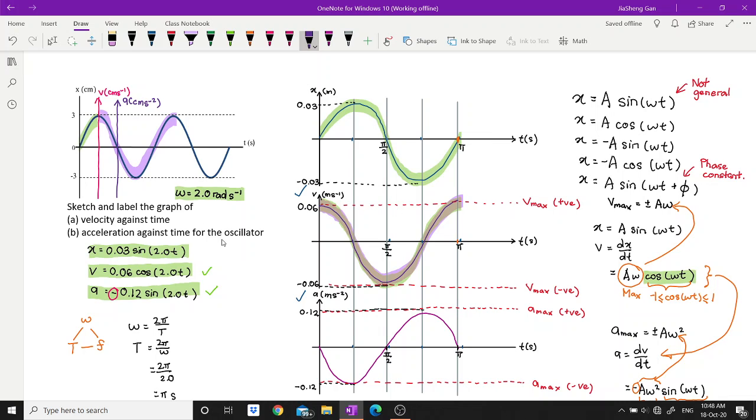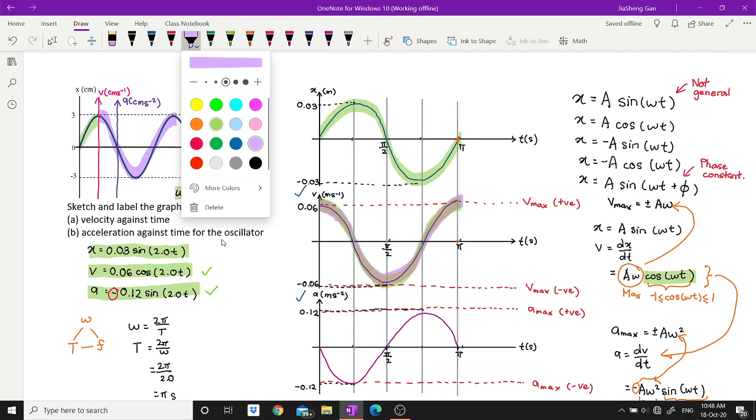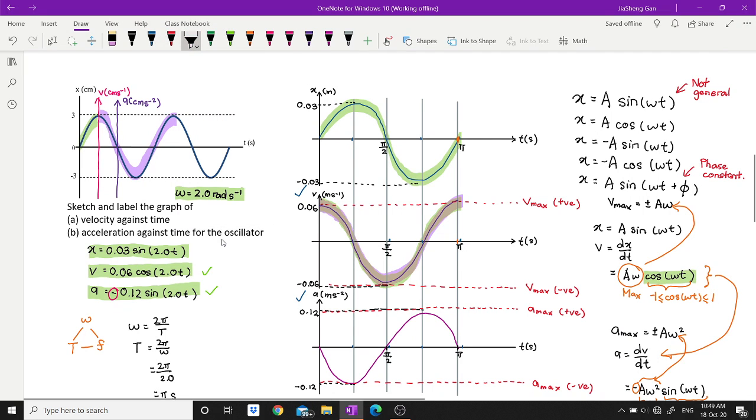Okay, so if you want to figure out the shape, you can just move the axis by 1/4 of a complete oscillation. It's a bit difficult to explain. This is part 1, this is part 2 of a complete oscillation, this is part 3, this is part 4.